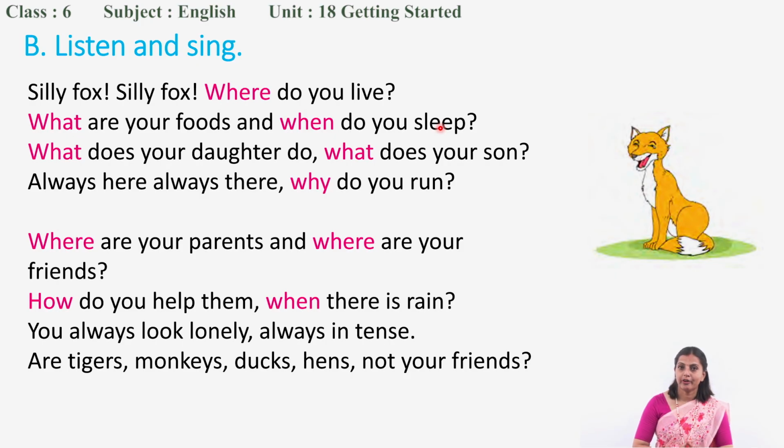They are active. They can sleep in the daytime also, depending on their needs. Either they have already taken their food or they are still in search of it. So the poet is asking the fox, what do you eat and when do you sleep?